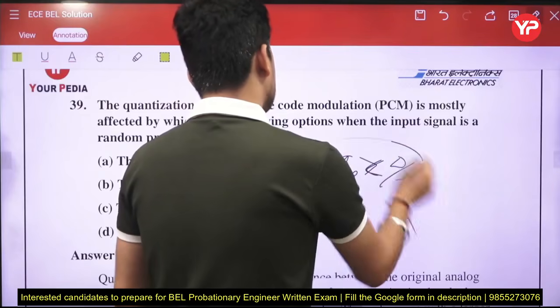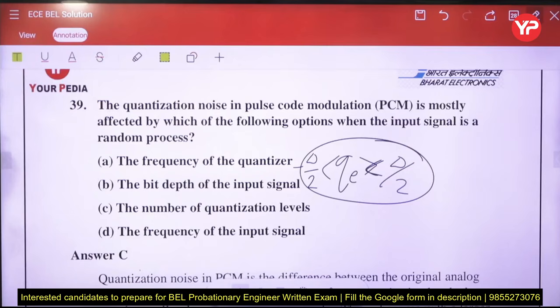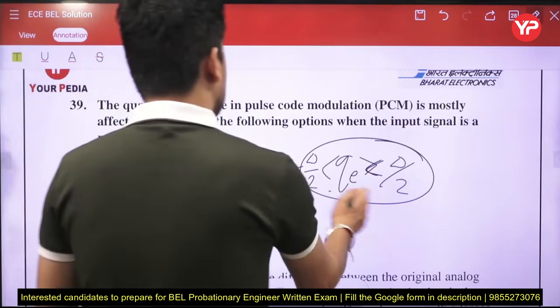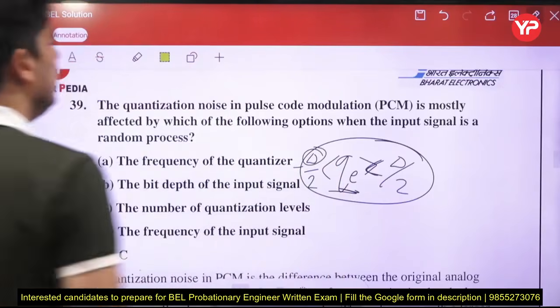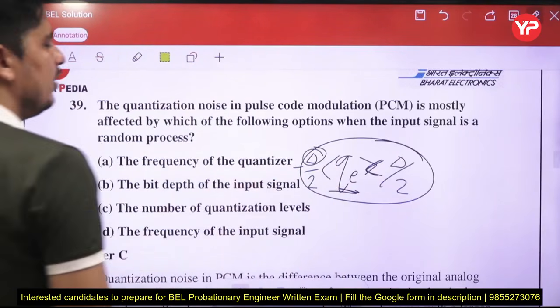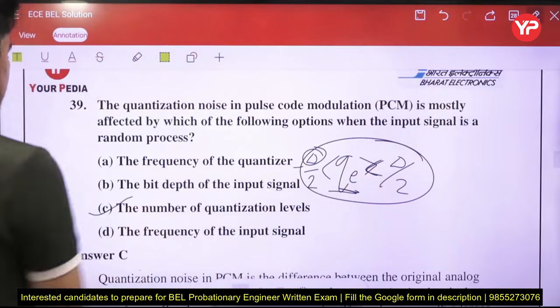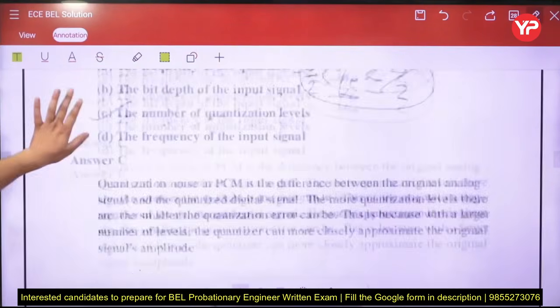So that will be the quantization noise. See, delta is the step size, and the step size will depend on the number of quantization levels. So your quantization error will directly depend on the quantization levels. As you increase the quantization levels, the quantization noise will decrease. So the answer will be number of quantization levels.